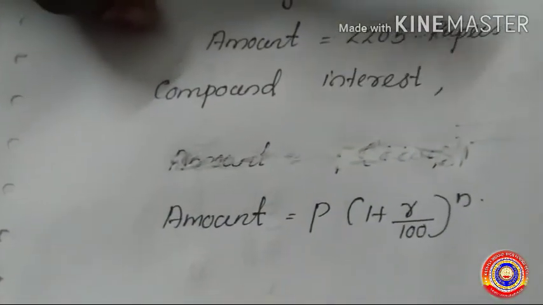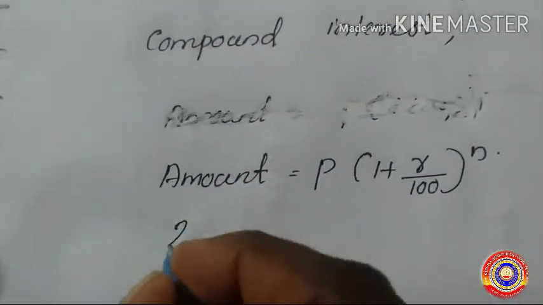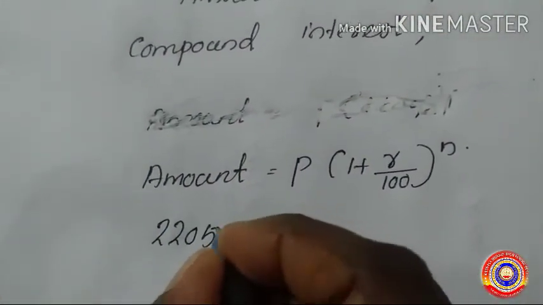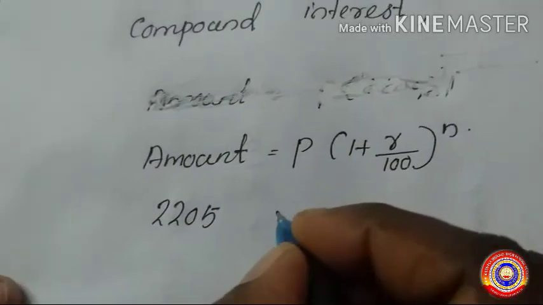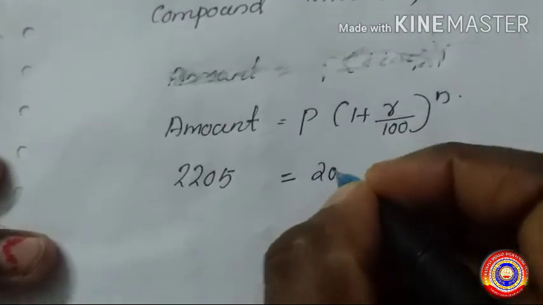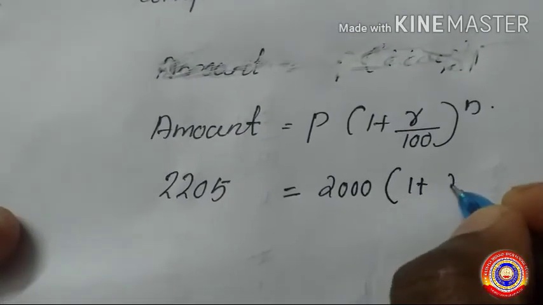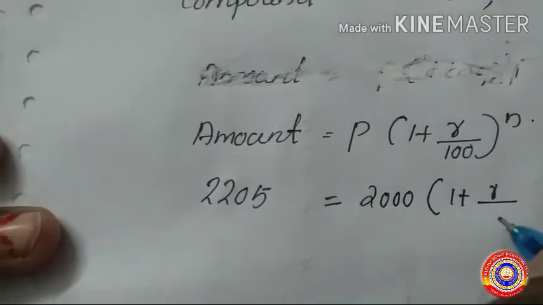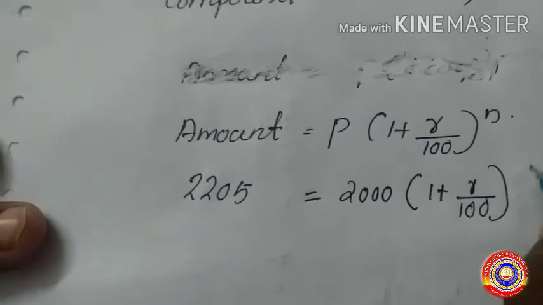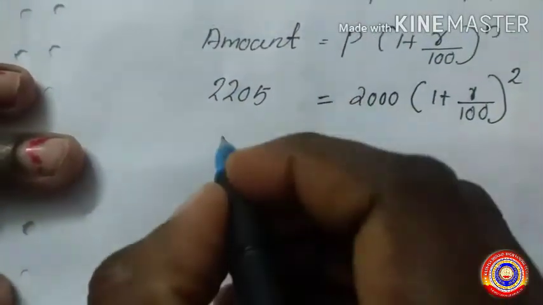It is equal to 2205 rupees. 2205 rupees equal to, what is the principal amount? Yes, 2000. Principal amount is 2000 into 1 plus R by 100. R means the rate of interest, the whole raised to N equal to 2, the number of years.